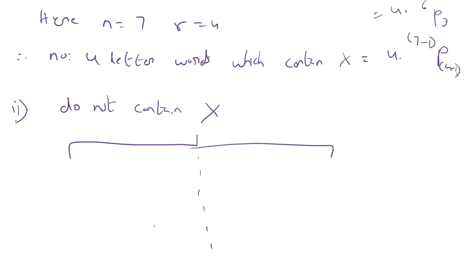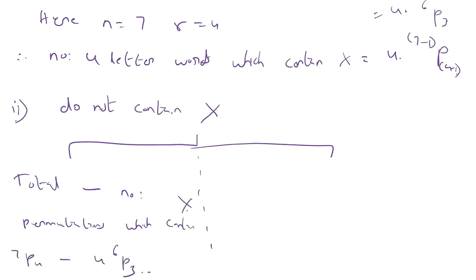The first way is the total number of permutations minus the number of permutations which contain X. So the total is 7P4 minus 4 times 6P3. So you can answer it in this way, or else you can answer this question in another way.